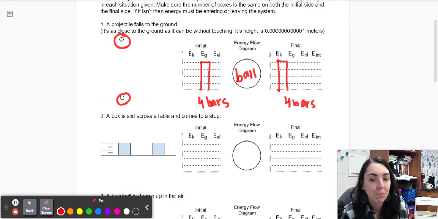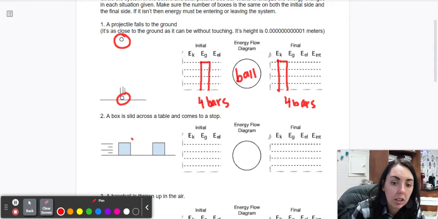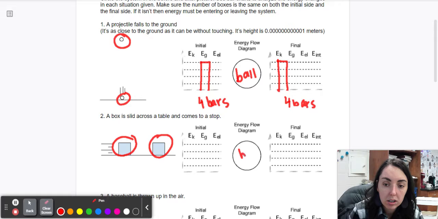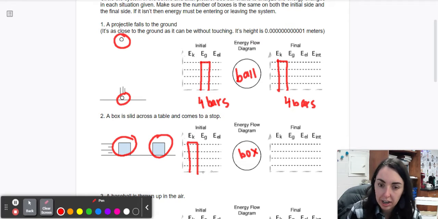Let's look at this one here. So my system here is the box. So the box goes from having a lot of kinetic energy to having no kinetic energy. So it goes from having 4 bars to 0 bars.